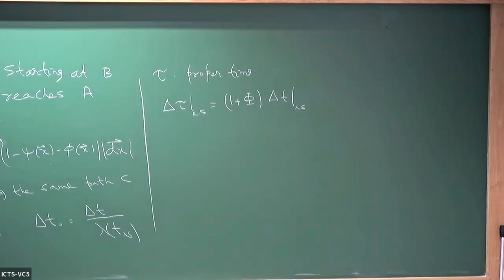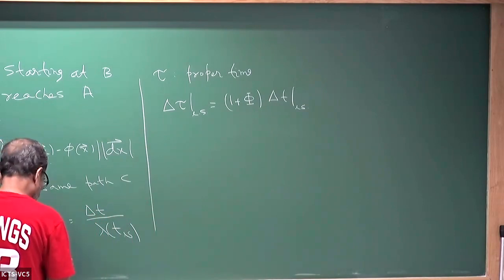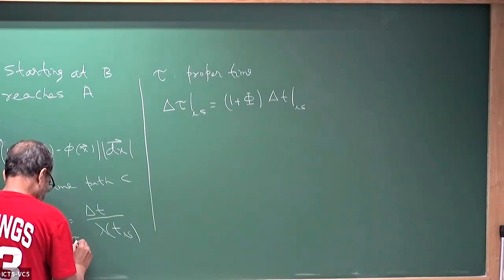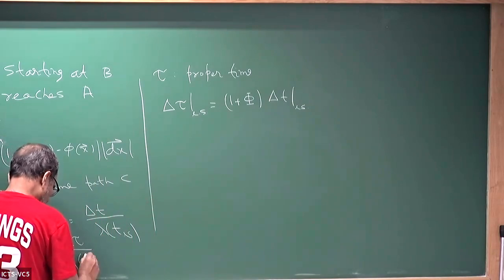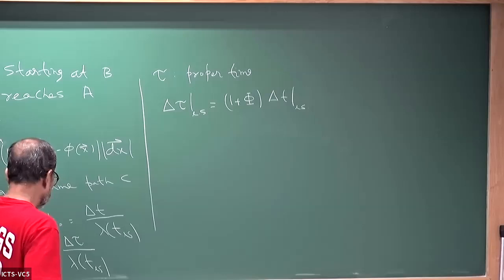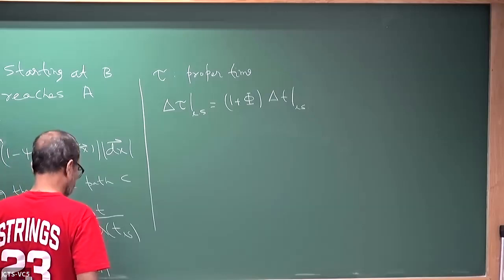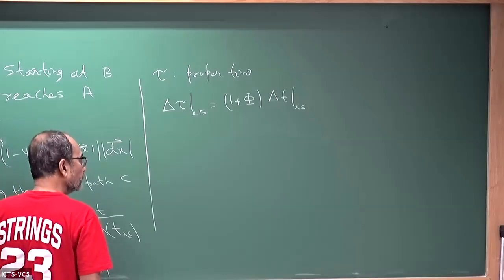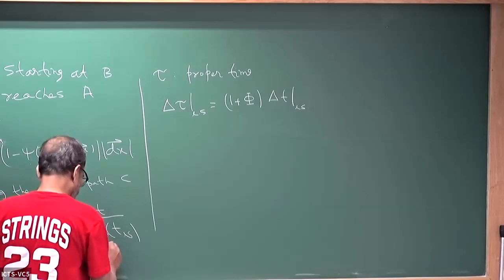So then with this, I can write this as delta tau over lambda TLS times 1 minus phi.